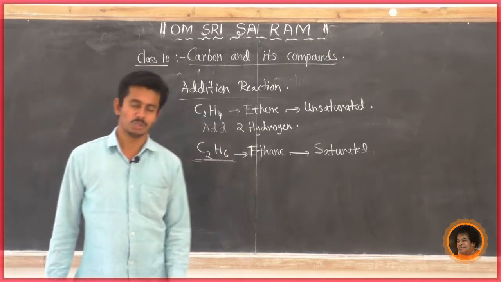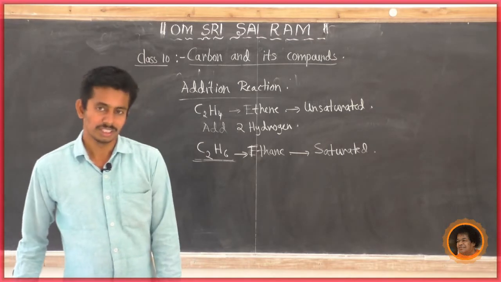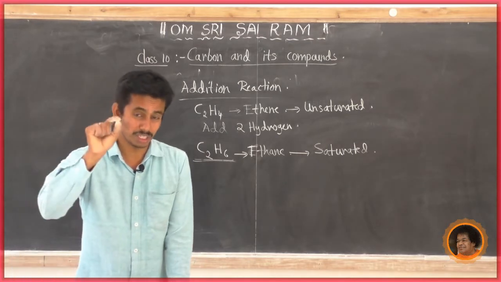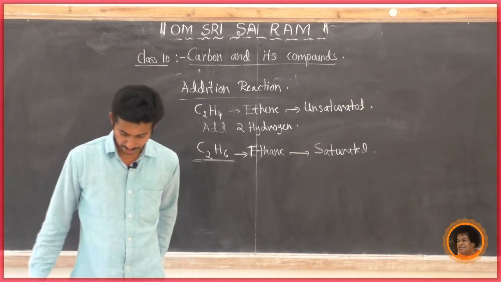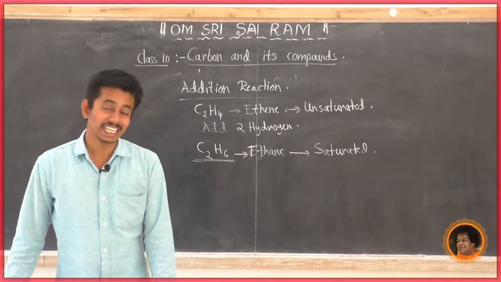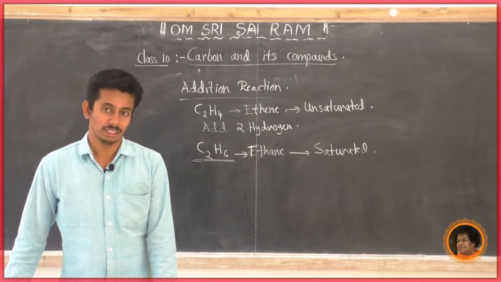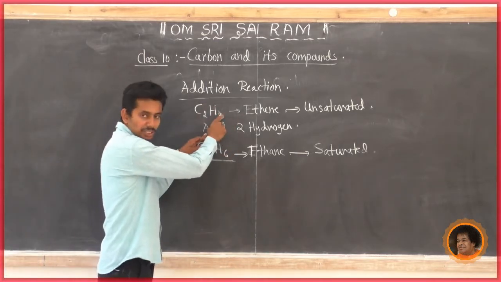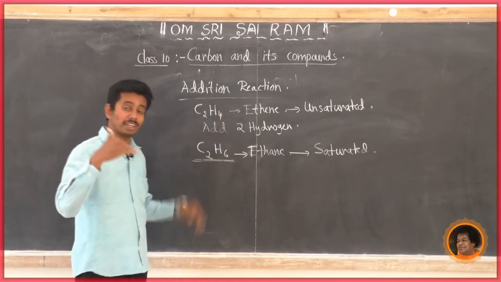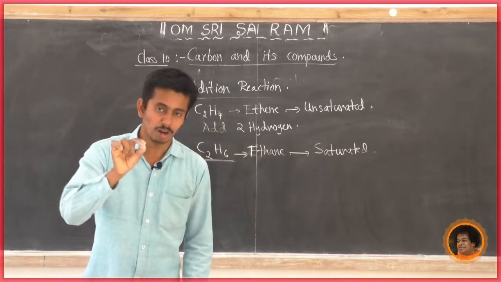No, it is not easy. It is possible, but it requires a catalyst, for example nickel or palladium. With the help of a catalyst, nickel or palladium, we can add two hydrogens to the unsaturated hydrocarbon.